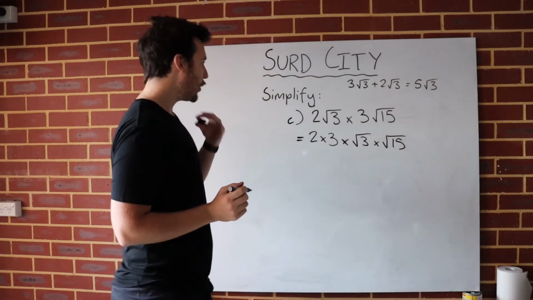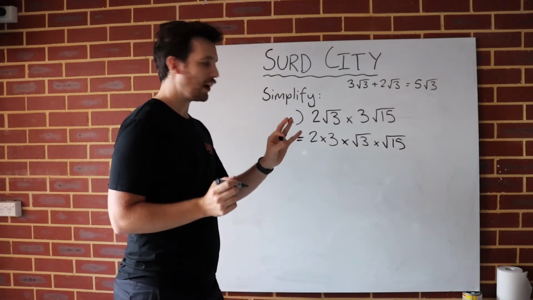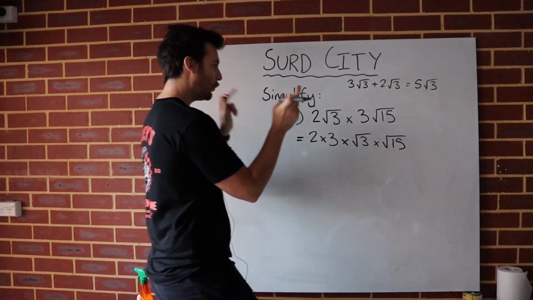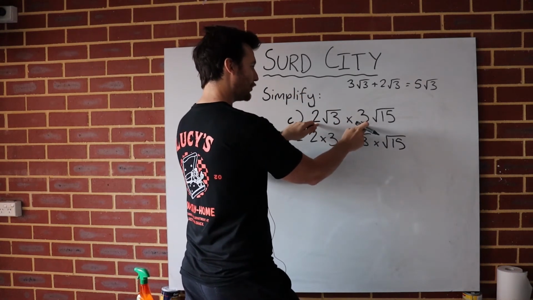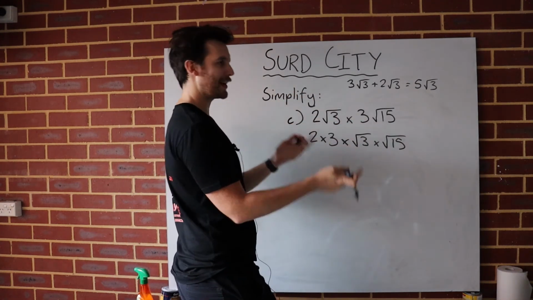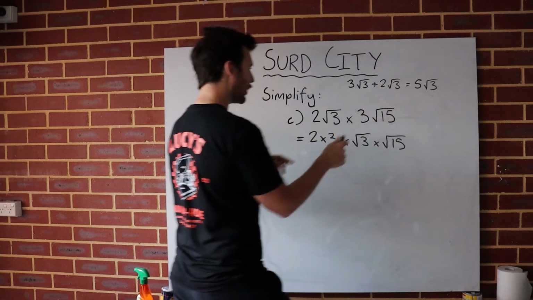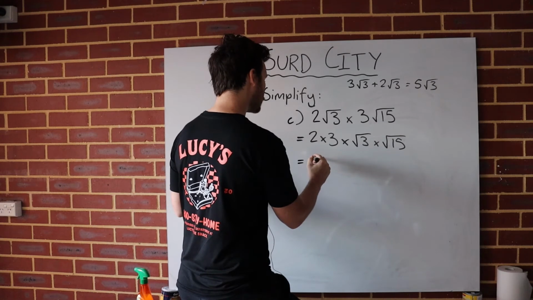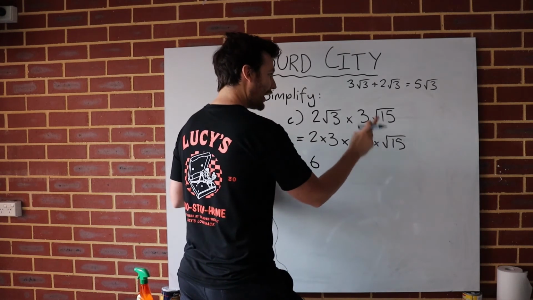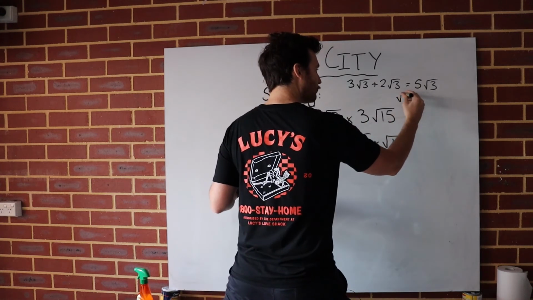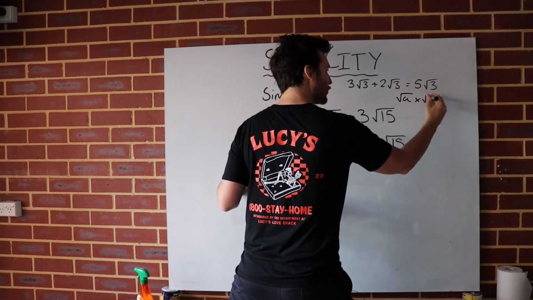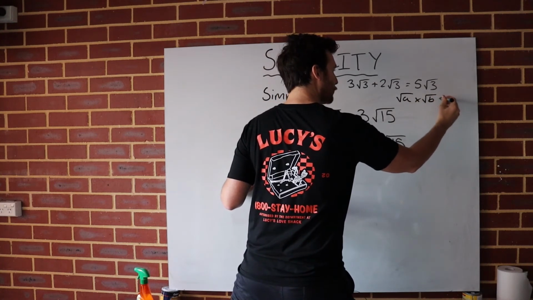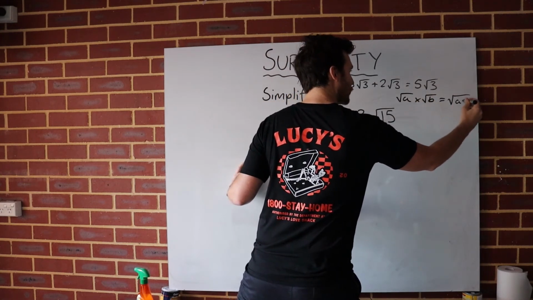Okay, so now in a similar way to how we simplify algebraic expressions, where we're combining the regular numbers and the, well, in algebra it'd be the pronumerals that you combine, but in this case it's whatever we've got in the square roots. So 2 multiplied by 3 is 6, and recalling from before, if you have the square root of a multiplied by the square root of b, that'll be the same as the square root of a times b.